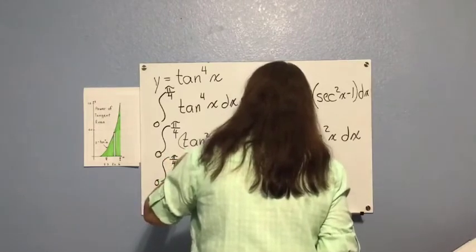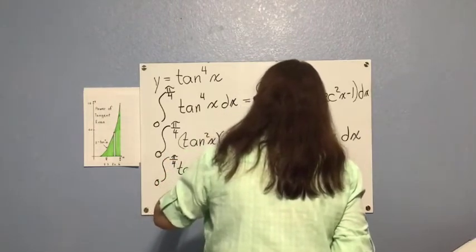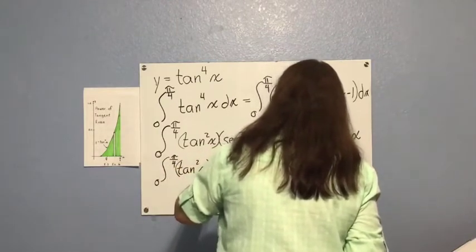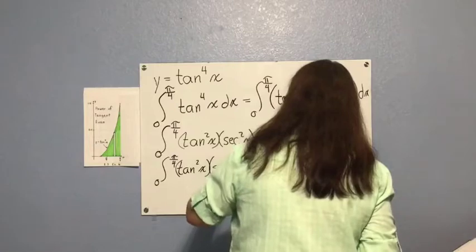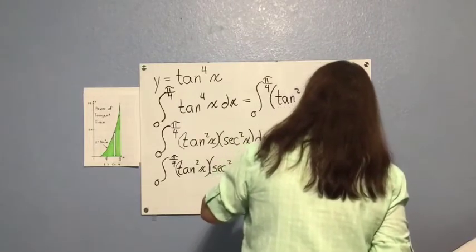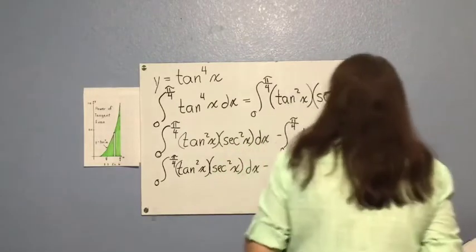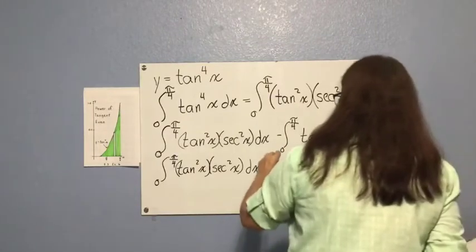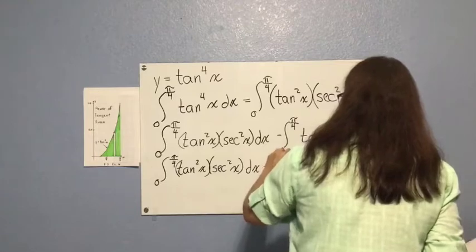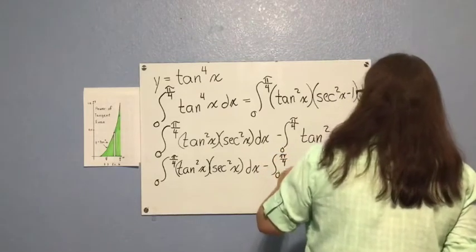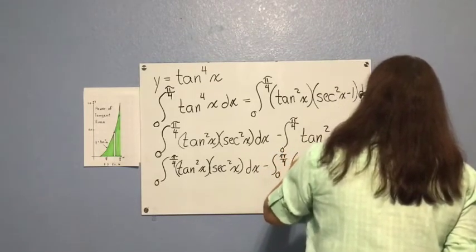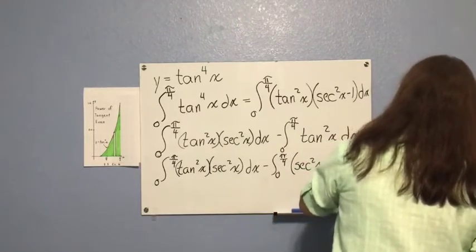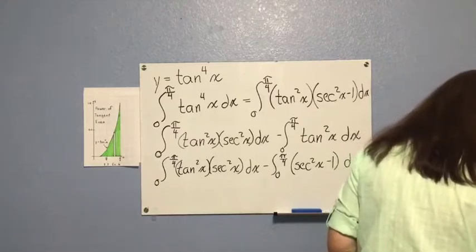Now I'm going to leave this first integral the same. But for this one, I'm going to do the same thing that I did up here and rewrite this as secant squared x minus 1 dx.